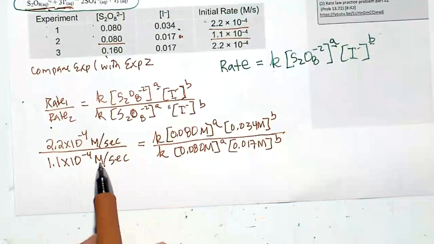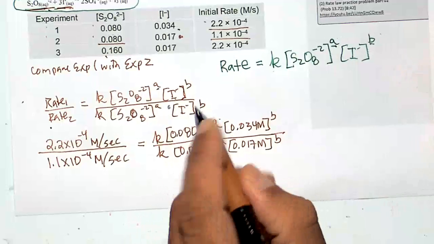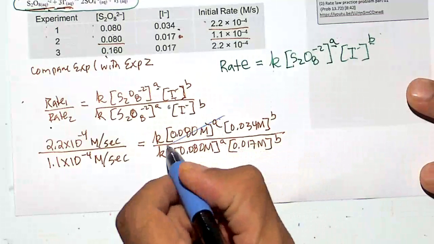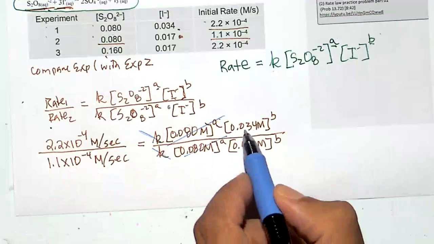Can we simplify this? The 0.080 to the power of A is going to cancel out with the 0.080 to the power of A. Everyone see that? This k is going to cancel too. We'll get to that later.